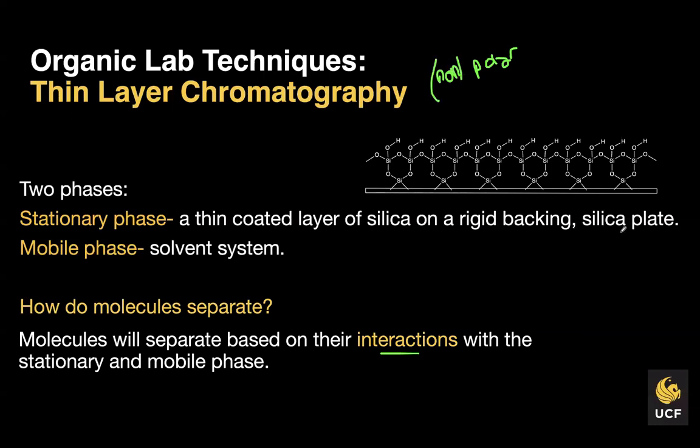So if you think about the silica plate and the coating, which is shown right here, what type of intermolecular forces are possible? If you have a molecule placed on a silica plate, whatever molecules you have within the mixture are going to interact with the silica plate based on different intermolecular forces, right?